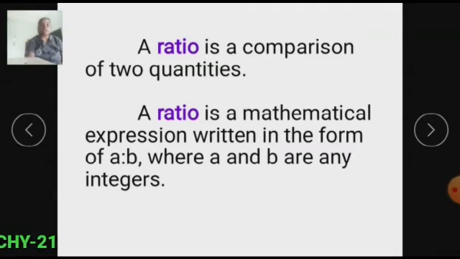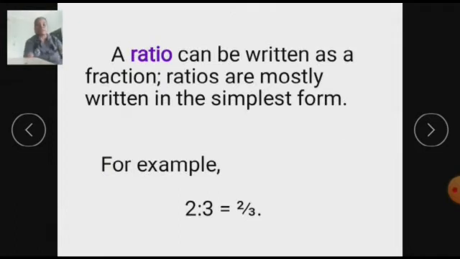A ratio is a mathematical expression written in the form of A is to B, where A and B are any integers. A ratio can be written as a fraction. Ratios are mostly written in the simplest form.